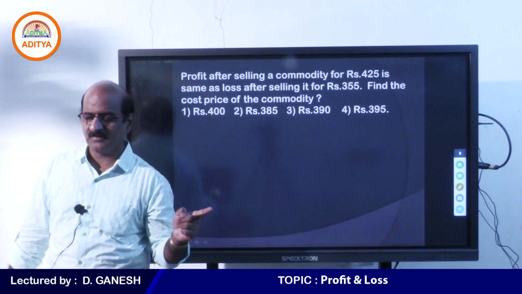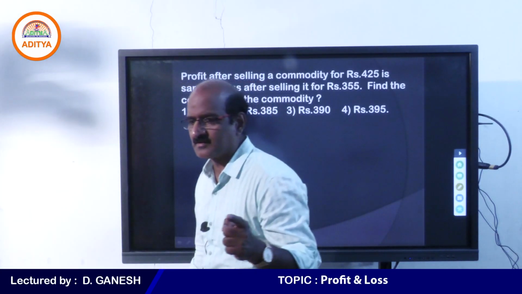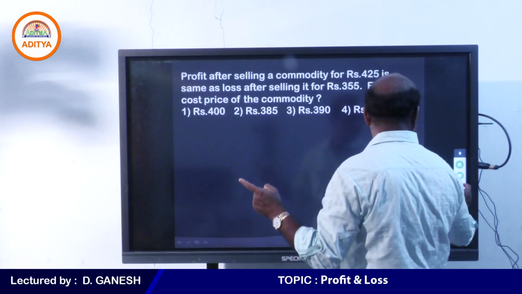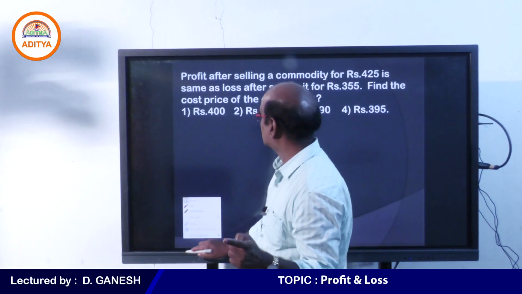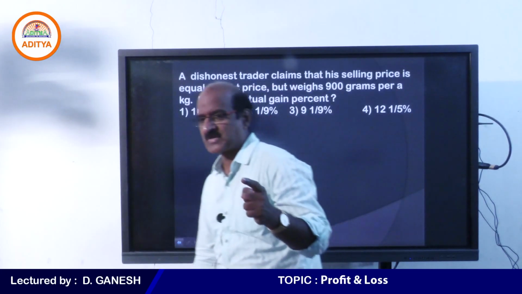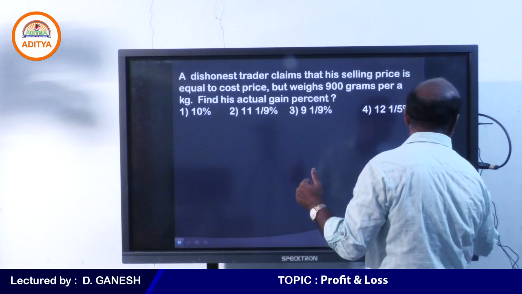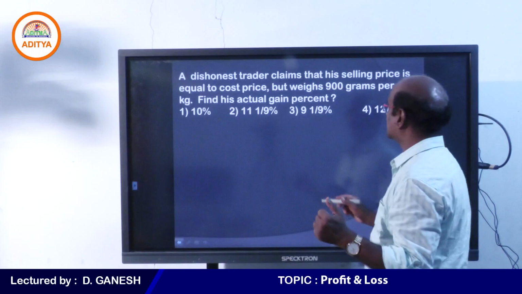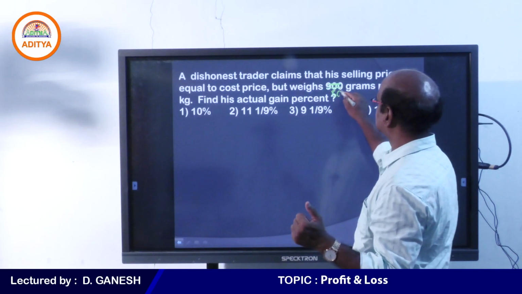Students are still asking me how 200 is arrived at. Student, I think I need to repeat this again. Just look at this, because some of the students are asking me why 200. What I told you, I just made this change. You understand this?